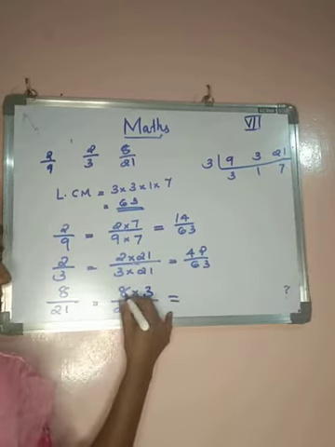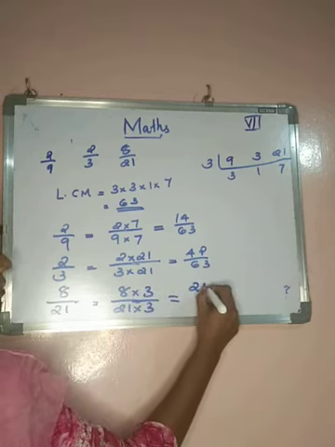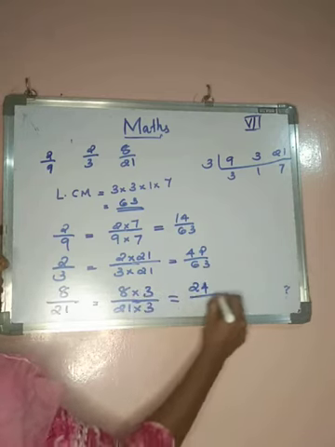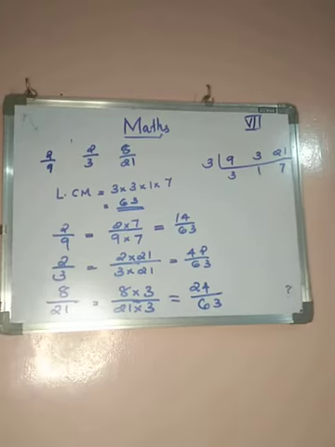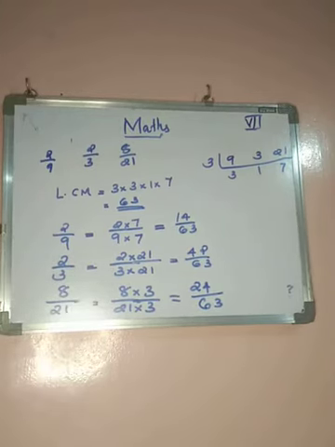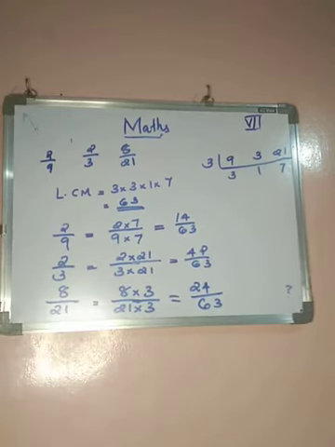So 8 into 3 is 24, giving 24 by 63. So these are the like fractions, because the denominators are the same.